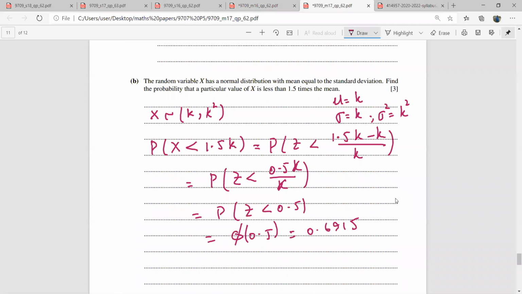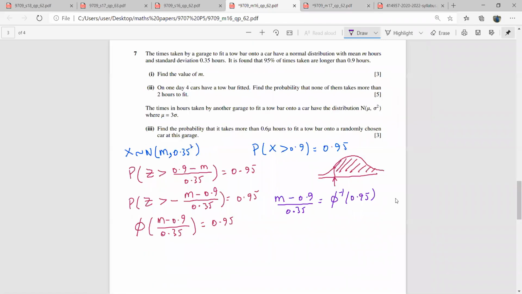1.645. So m minus 0.9 is 0.35 times 1.645. So we have m equal to 0.35 times 1.645, and then plus that 0.9 into it.